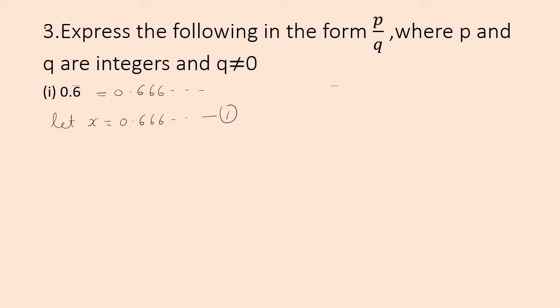Suppose two decimal places are repeating, then you have to multiply by 100 both the LHS and RHS of equation 1. Since one decimal place is repeating, you multiply equation 1 by 10. So you get 10x equal to, on the RHS, one decimal place will move, 6.666, etc. You number the equation as 2.